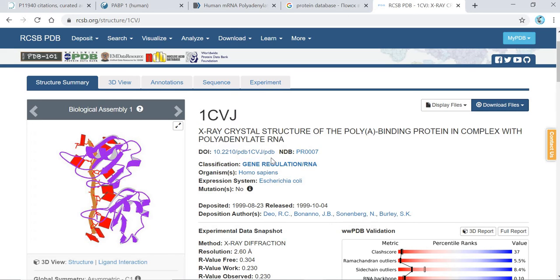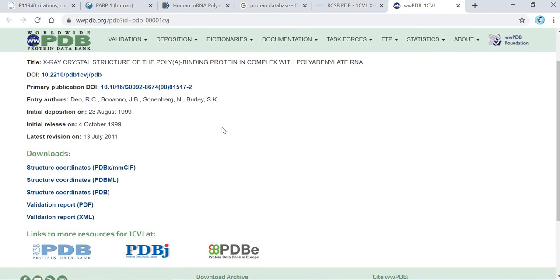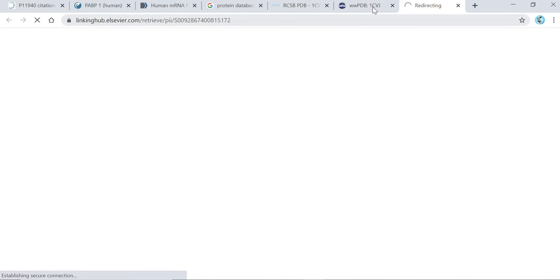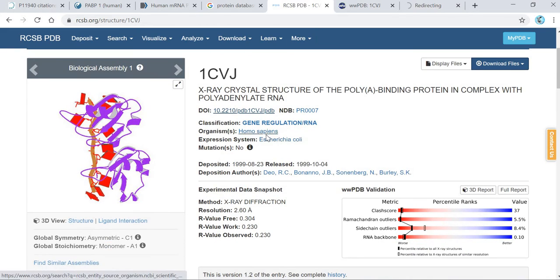Here you can have access to the main article that published this structure, studied this structure. You can download the public information about the publication. Here it goes to the main website of the journal, and from which organism.